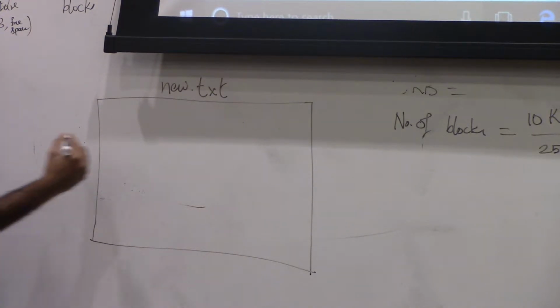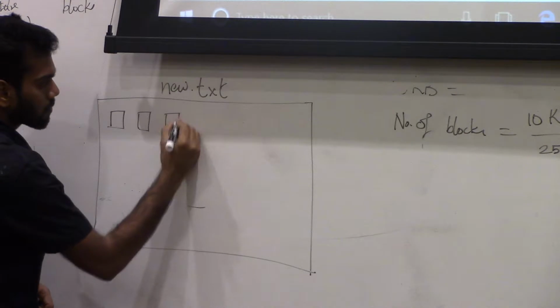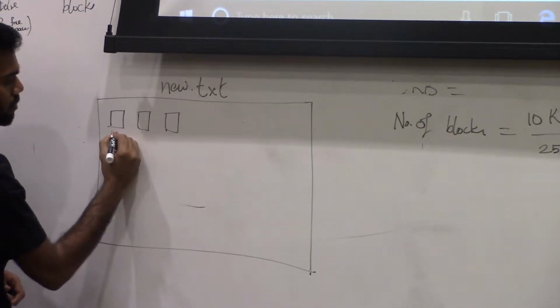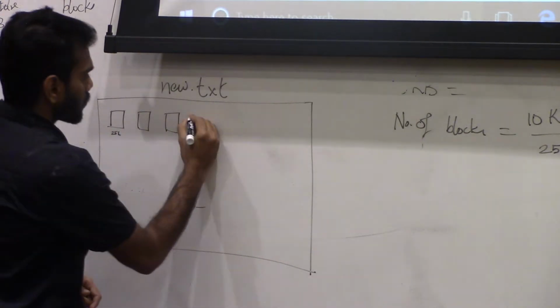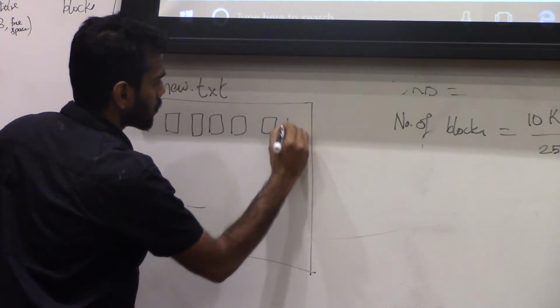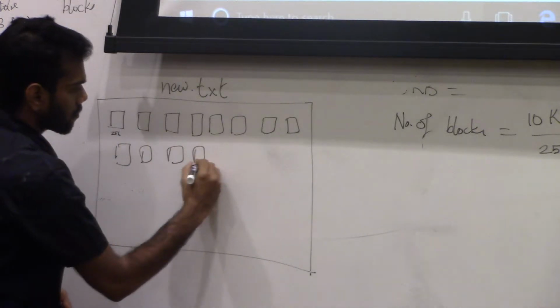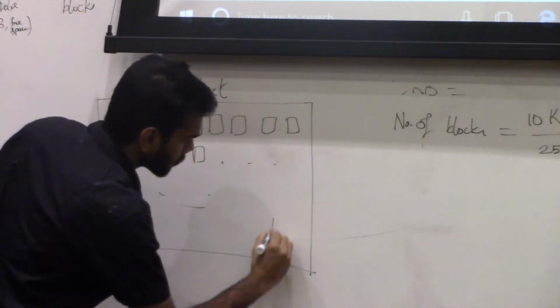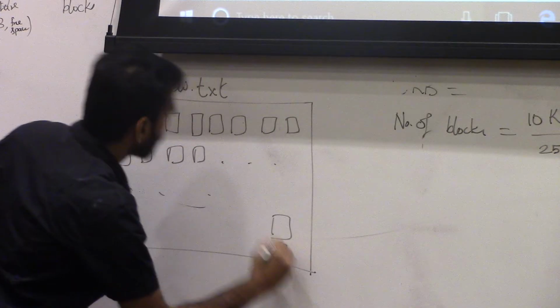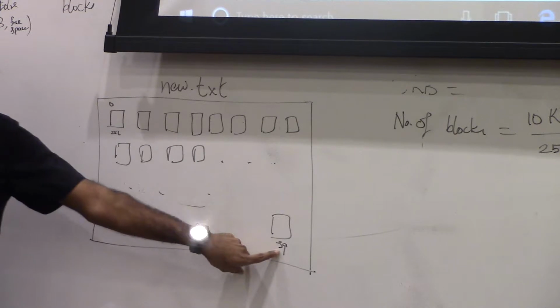So in your PFS, you will have 40 blocks, each block of 256 bytes. So this will be numbered as 0, and this will be the 40th block as 39.